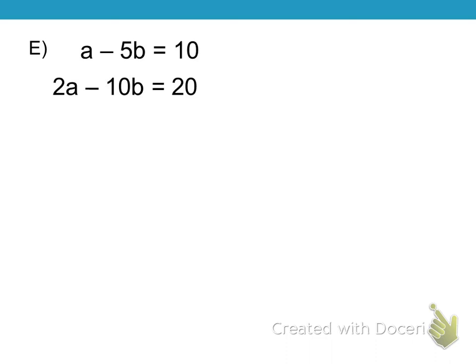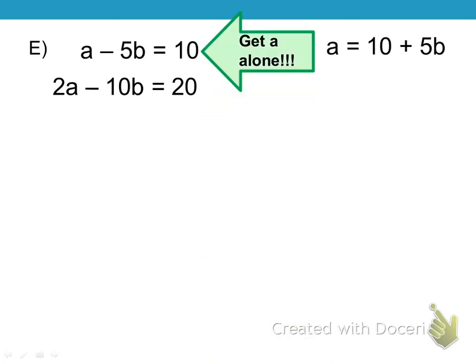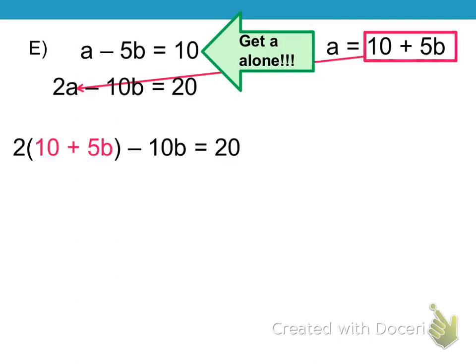All right, how am I going to get A by itself? Plus 5B, good. So 10 plus 5B. Then what? Plug it into the other equation. So 2 and then parentheses, 5 plus B. And then continue on with the rest of the equation.